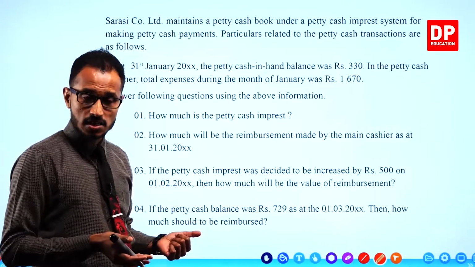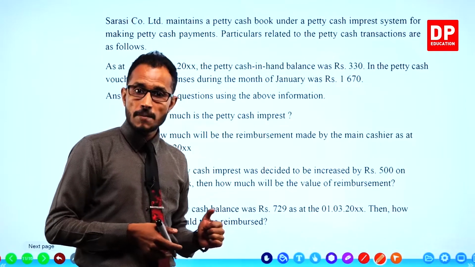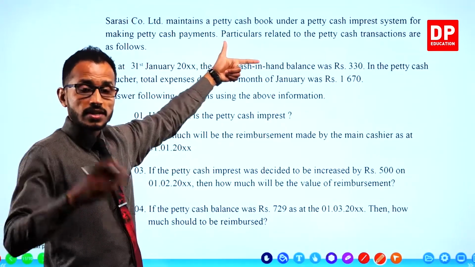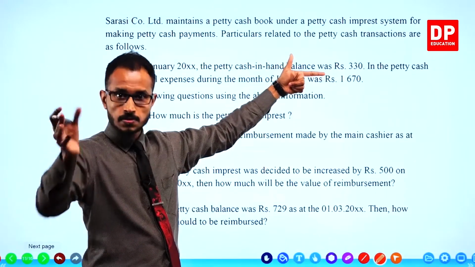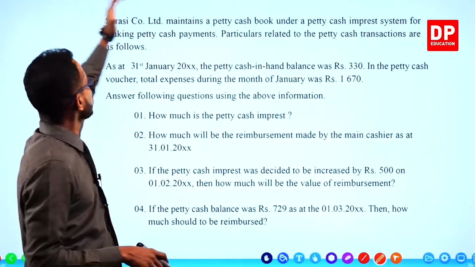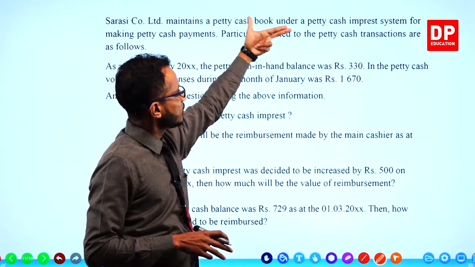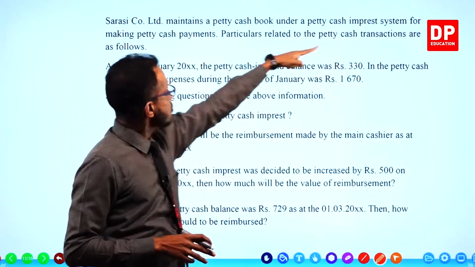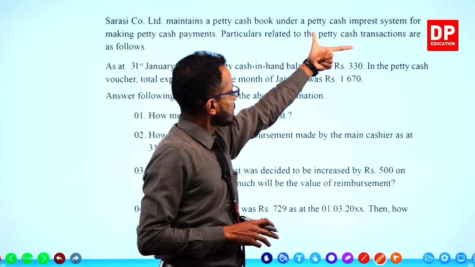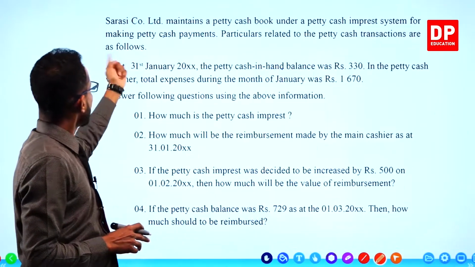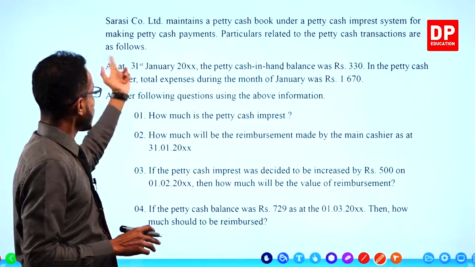Go to Unit 8, Cash Book and Petty Cash Book. Come to the Petty Cash Book part and get to the activity. Sarasi Company Limited maintains a petty cash book under a petty cash imprest system for making petty cash payments. Particulars related to the petty cash transactions, all the information, are given below.